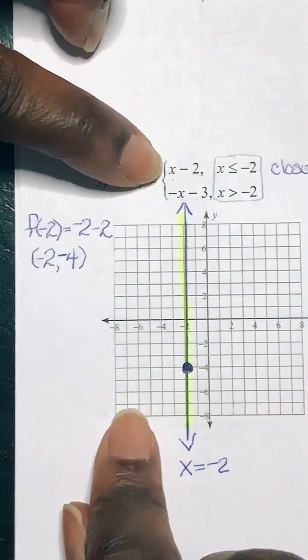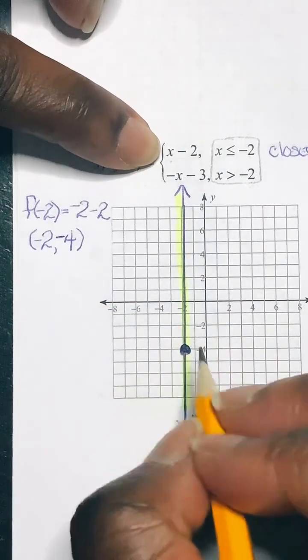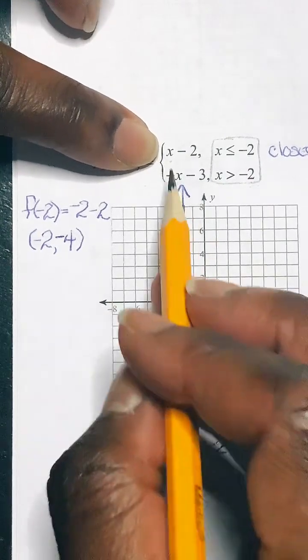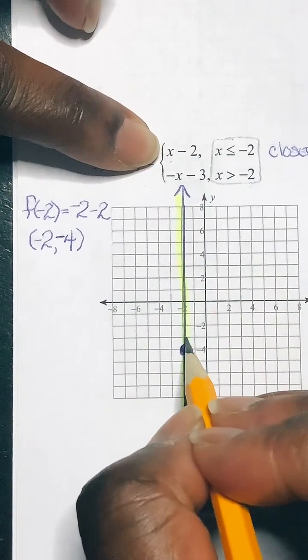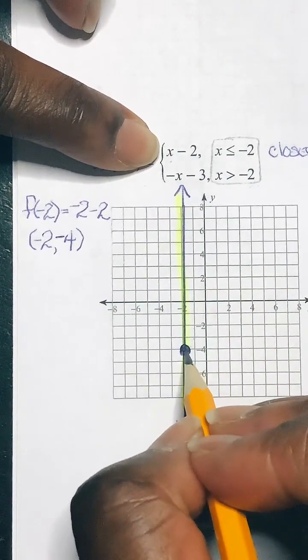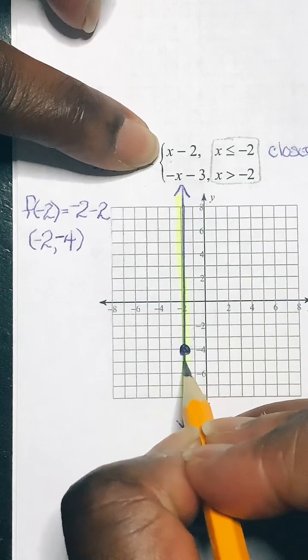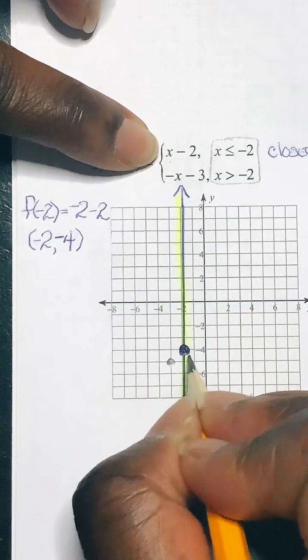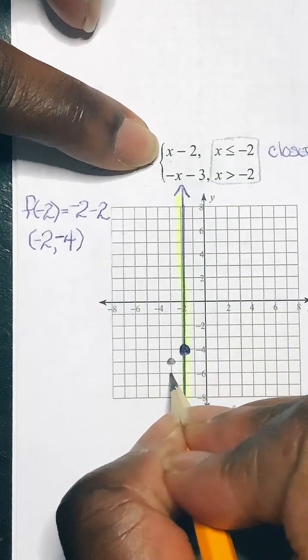I need to graph the left side, so I'm going to do the reverse. Since it's a positive slope, we're used to going up and over to the right. This time I'm going to go down and over to the left, because if I go down, that's negative.